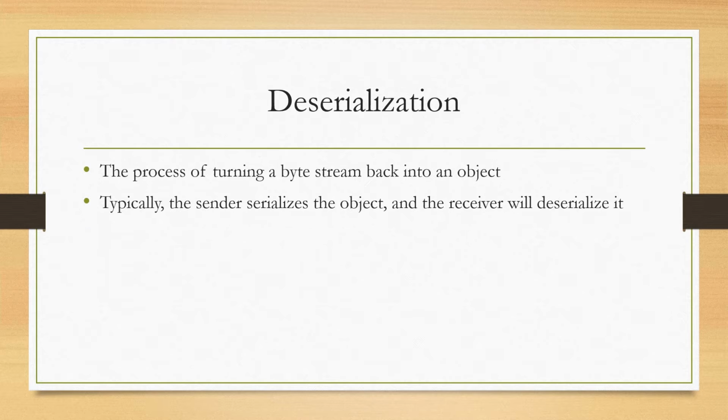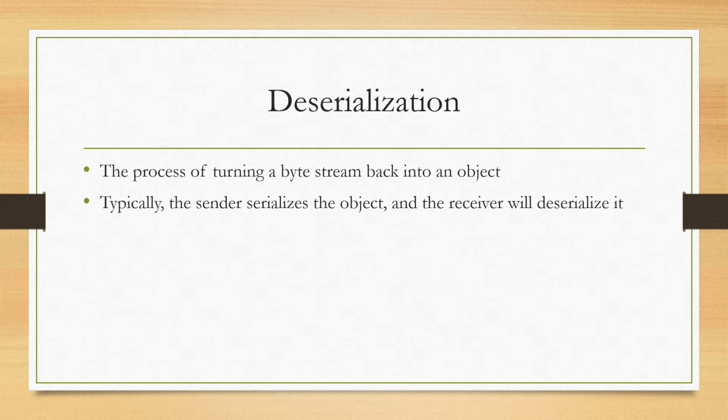So this is really just a way of being able to store and transmit data when it's stored in terms of objects. Deserialization is, of course, the reverse process of serialization. When the recipient receives the serialized object, they can turn that byte stream back into the object. Say we have an object that has two properties. We turn it into a byte stream and send the first property and the second property.